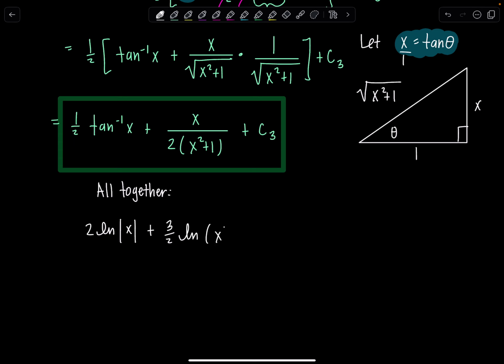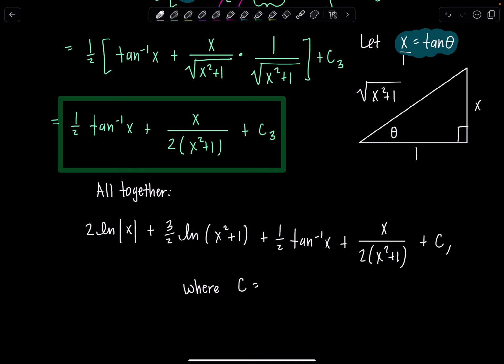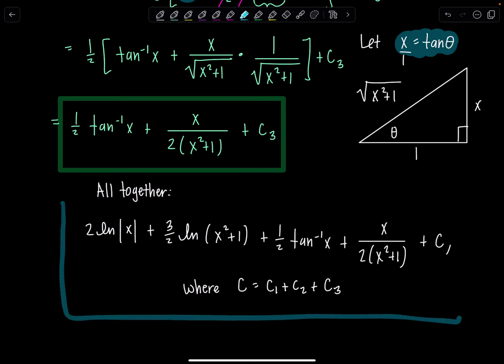You don't need to keep absolute value, so I'm just going to write x squared plus 1 in parentheses plus 1/2 tan inverse of x plus x over 2 times x squared plus 1 plus c, where this lovely c at the end is c1 plus c2 plus c3. And that's it. Let's box it with pride.